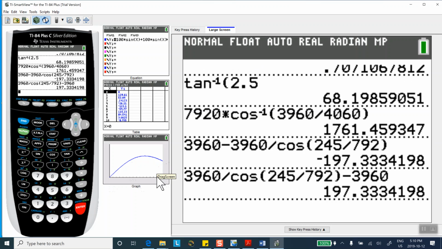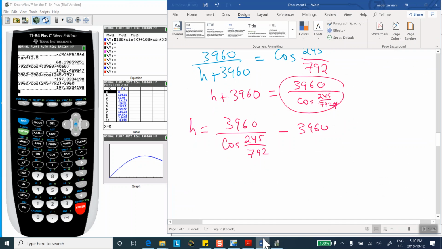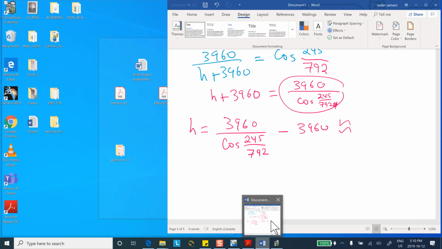It says 197. Notice that when it was 100 miles, we got an S less than 2450. Now it should be around 197 miles.